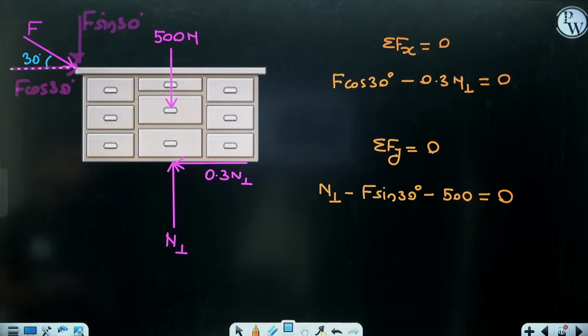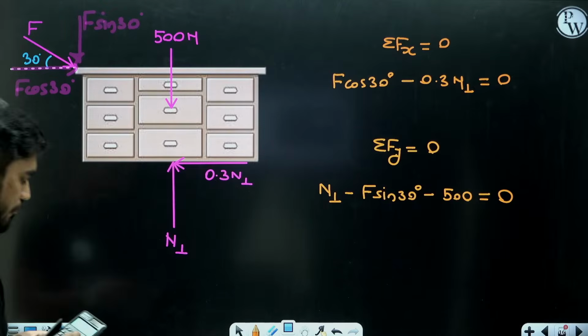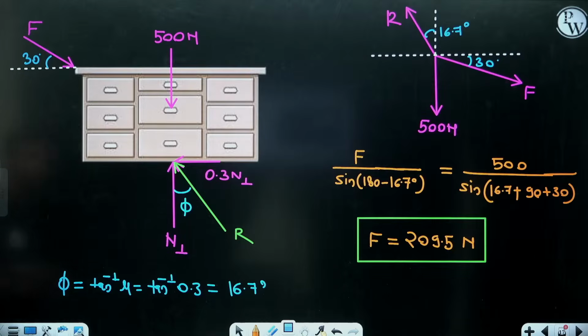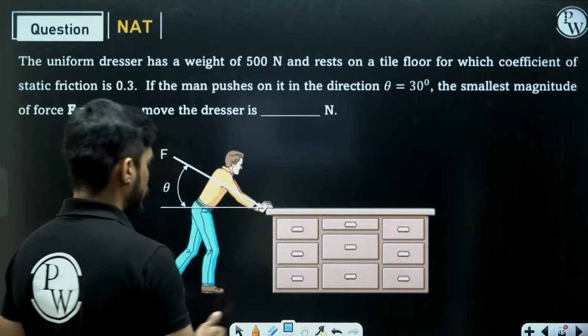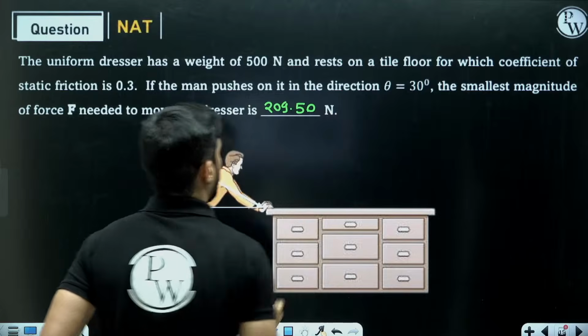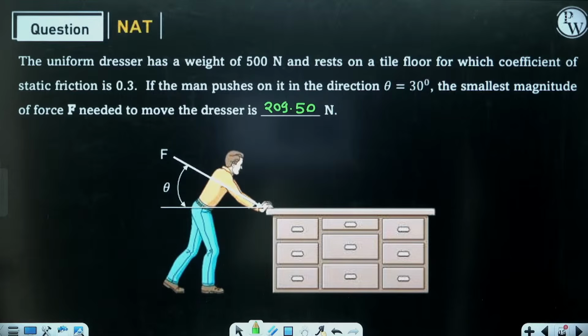Let me check. Yes, my answer is correct: 209.5 Newton. This will be the minimum force required.